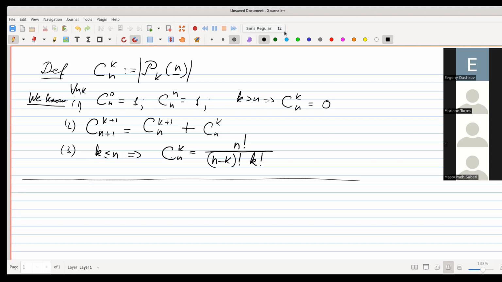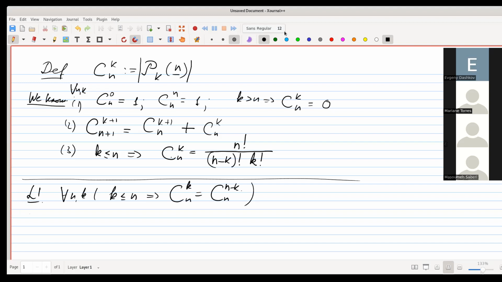So now let us prove some more facts about these numbers, which are known as binomial coefficients. We shall see why. I say that for every n and k, given k is less or equal than n, n choose k equals n choose n minus k. How can one prove it?